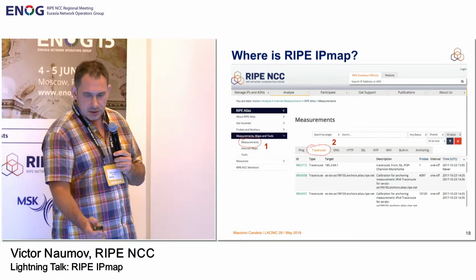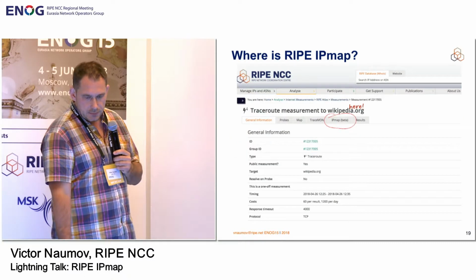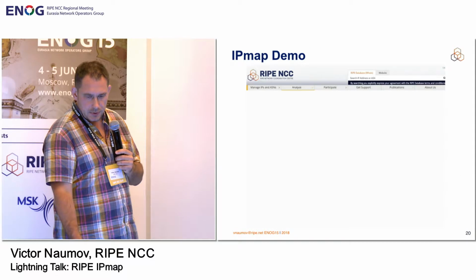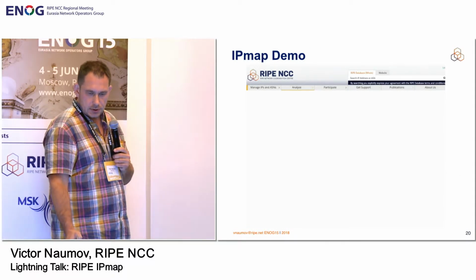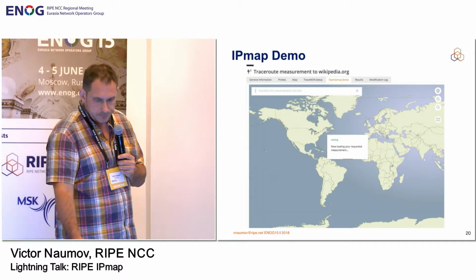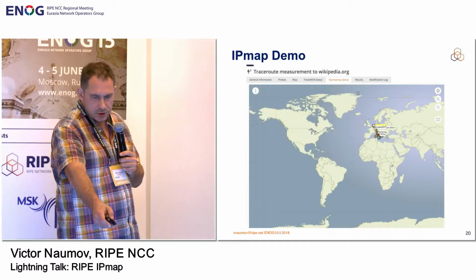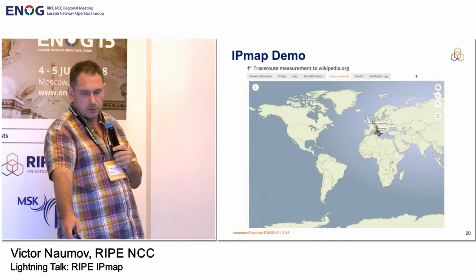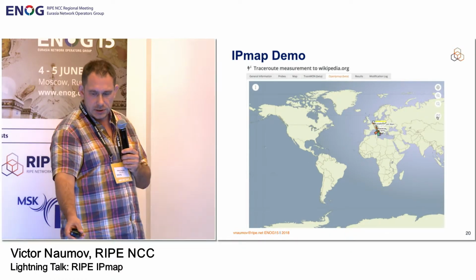How does it work? On the Atlas site, you select a traceroute, and then you click it on IPmap, and then you get this map where we can see different traceroutes. Here are traceroutes to Wikipedia.